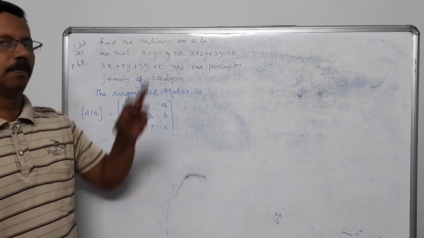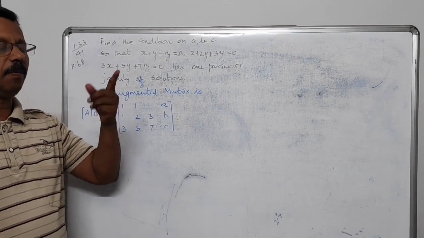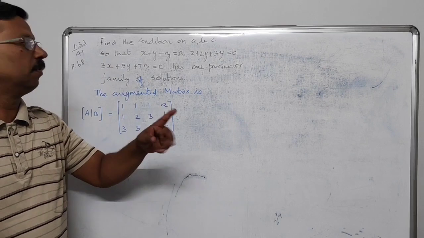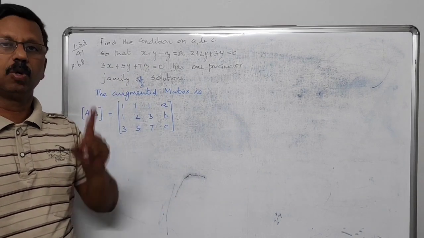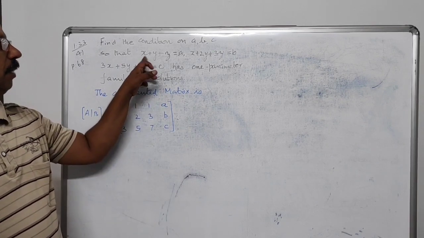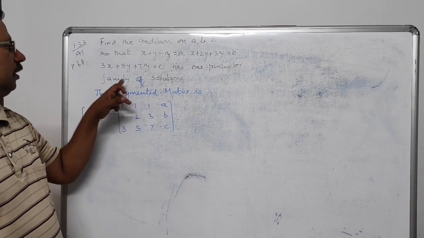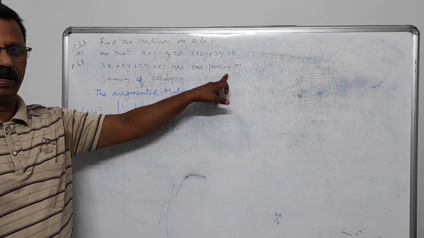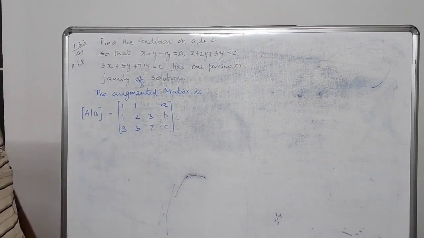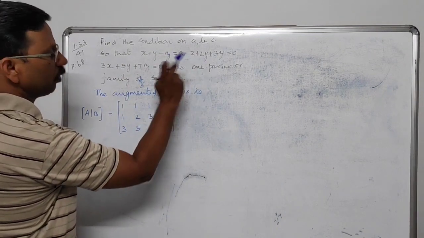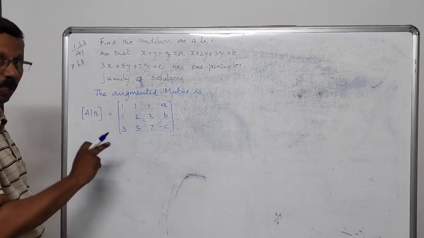Here there are 3 variables, so we assign a parameter to only one variable, which means 2 variables are left out. Therefore, rank must be equal to 2. From the number of variables, you subtract the number of parameters, then the rank will be the number of remaining variables. See here, 3 minus 1 gives 2. Therefore, rank of AB must be equal to 2.